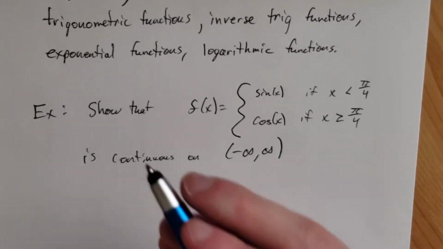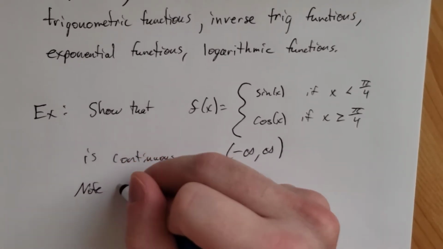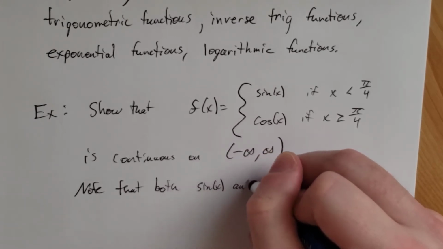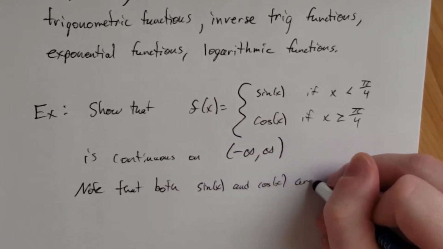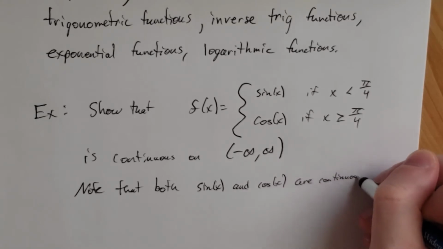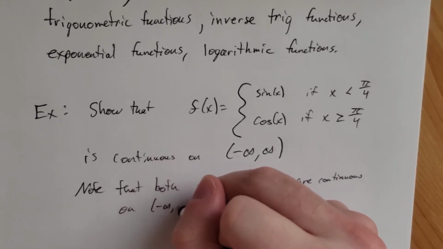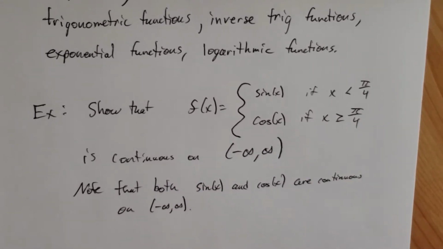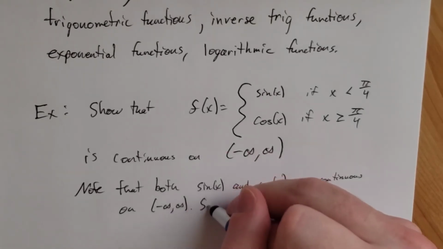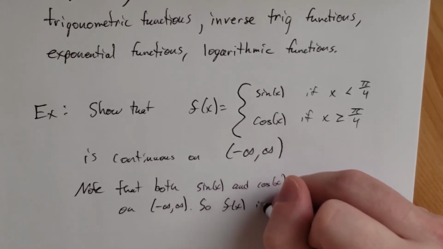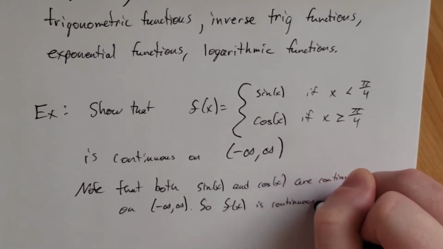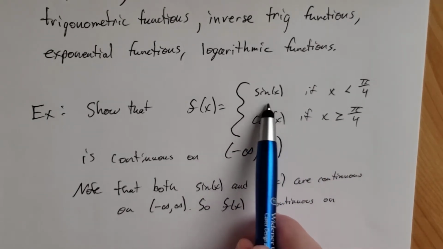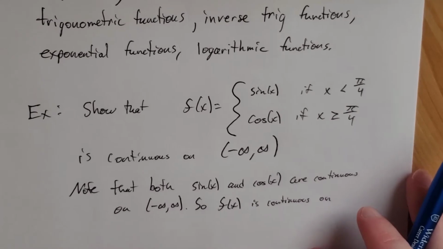So the first thing is to note that both sine of x and cosine of x are continuous on their domain, which is the entire real line, from negative infinity to positive infinity. f of x is defined by the function sine of x when x is less than pi over 4.